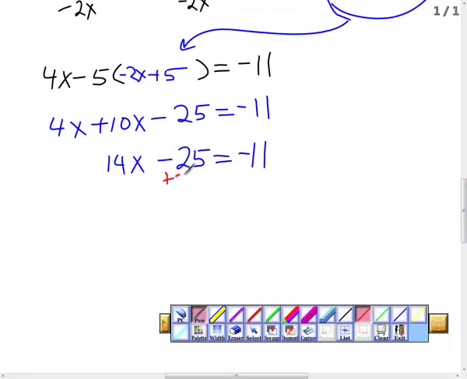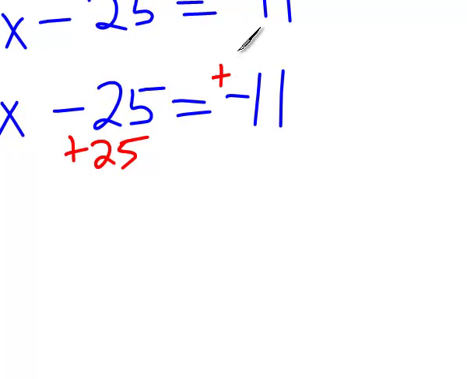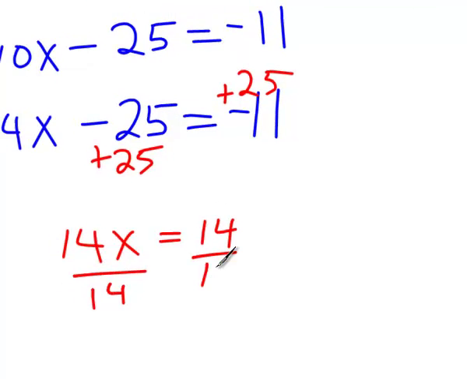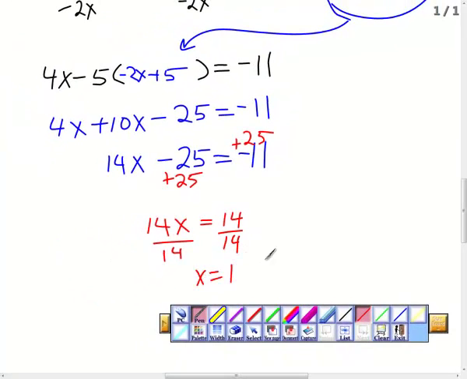And so that would be plus 25. 14x. So we're actually subtracting here, right? And so that would be 14. And so x equals 1. All right, how do we do with that?